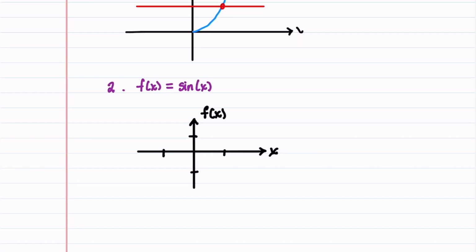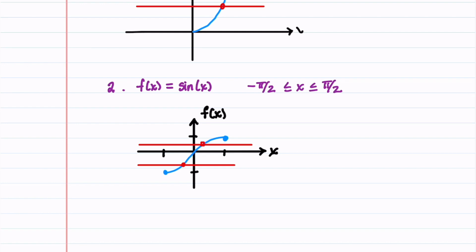In our second example, if we restrict x to be between minus pi over 2 and pi over 2, and graph the function, we can see that if we draw a horizontal line, that horizontal line intersects the graph only once.